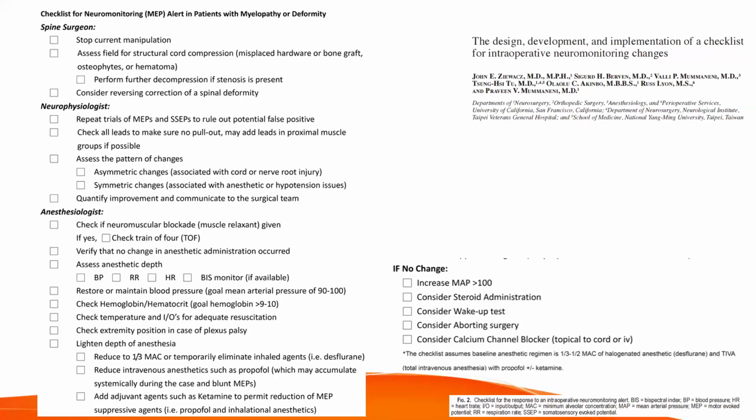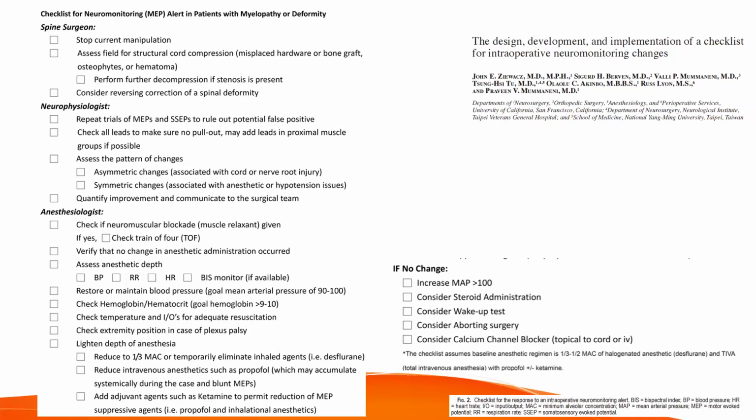Restore and maintain the mean arterial pressure at 90 to 100, and check the intraoperative hemoglobin. It should be maintained at more than 9, and if required, it should be corrected. And check the temperature and the input-output for adequate resuscitation, check extremity position in case of plexopathy, and lighten the anesthesia.